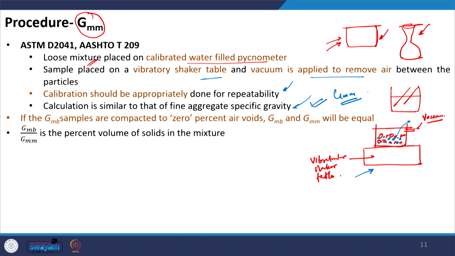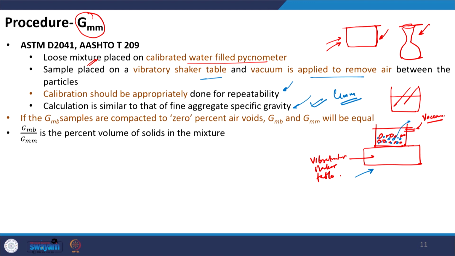All right. So, GMM can also be measured in the laboratory in this way. And as I mentioned previously, if the GMB samples are compacted to 0% air voids, then theoretically GMB will be equal to GMM, but practically this is usually not the case.